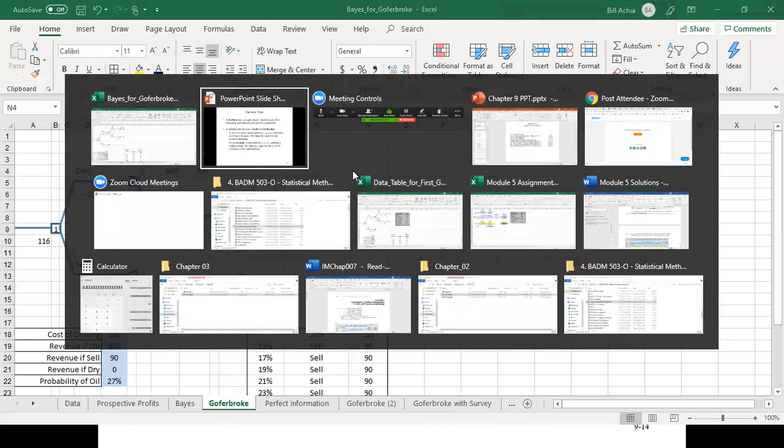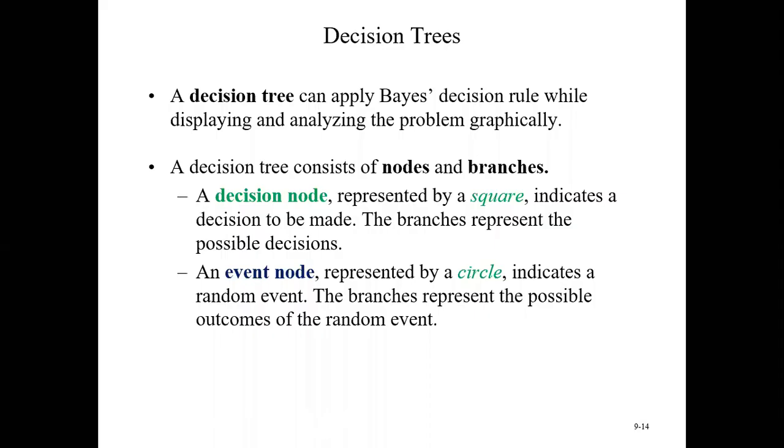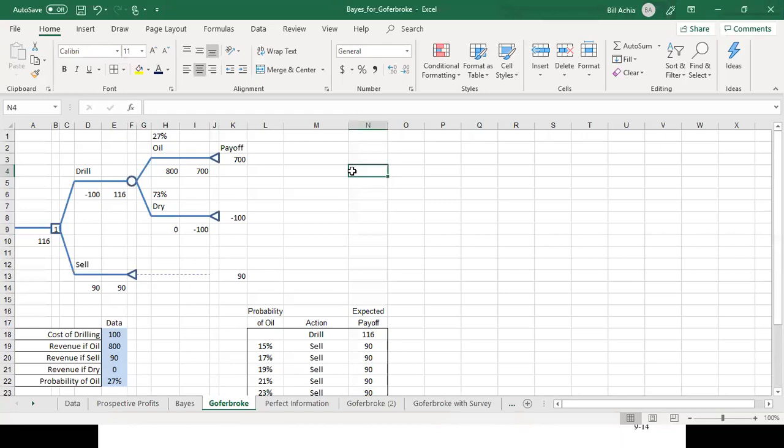If you go to the textbook at this point, it goes into a discussion of RSPE and how to use RSPE to calculate this. And as I said, I'm not interested in you using RSPE to calculate this. What I'm more interested in is, are you able to use a decision tree to calculate these given payoff figures that we have here? Okay.